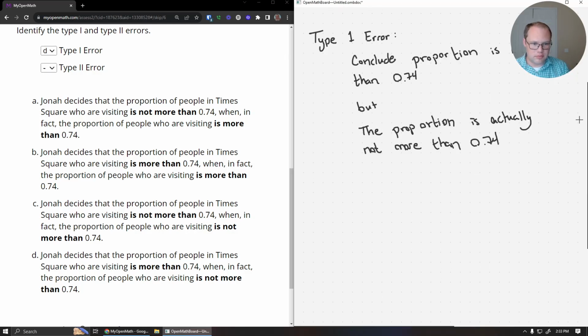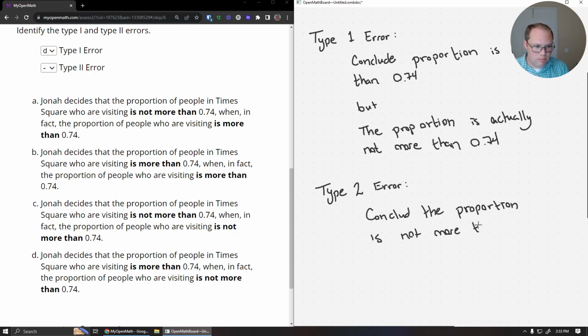Type 2 error. Type 2 error is when we do not accept the alternative hypothesis when actually it's true. Okay? So we conclude the proportion is not more than 0.74, but the proportion is more than 0.74.